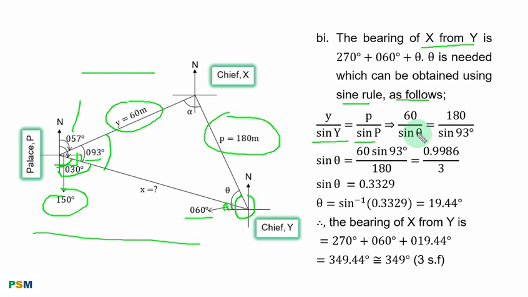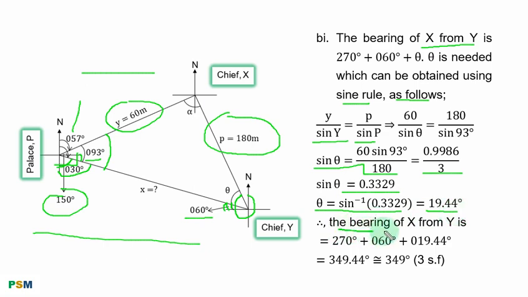If you cross multiply and divide both sides by 180, sine theta is equal to this, and you have these results. After division, you have this. To get theta, take the inverse of sine of both sides. You have 19.44 degrees.